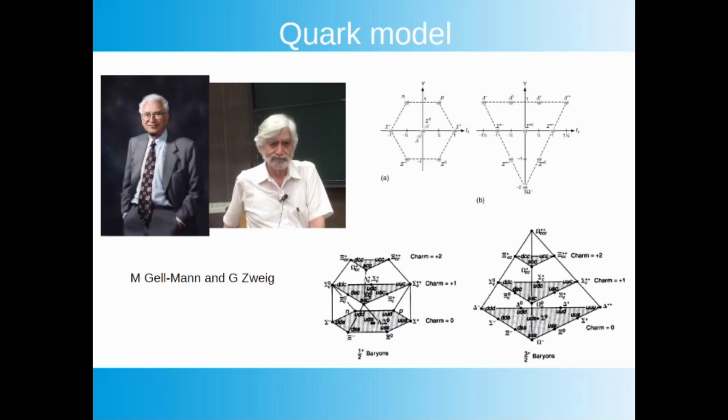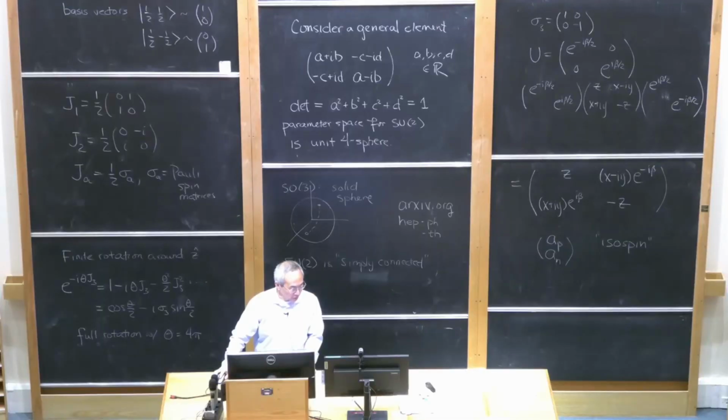Anyway, so these clever guys in the 60s, they were looking at diagrams like this. This is SU2, so you get these isospin bits here, but then added with another thing, which is the strange quark. So now you're going from SU2 to SU3.